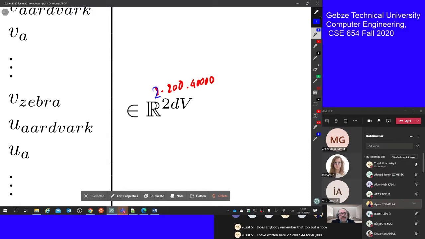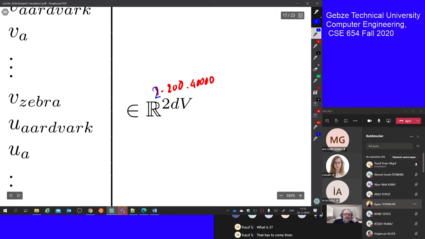Where does the 2 come from? 2dV: V is the vocabulary size, d is the vector size. What is the 2? Take a guess.